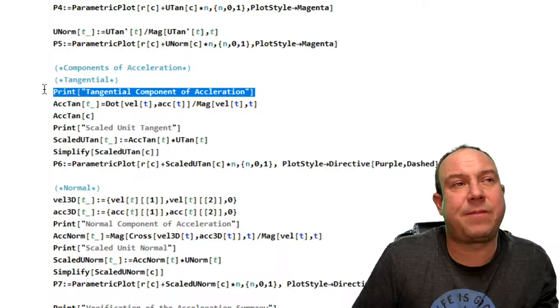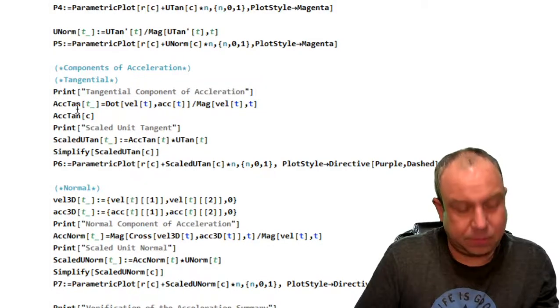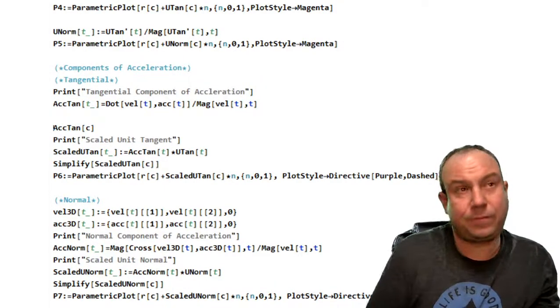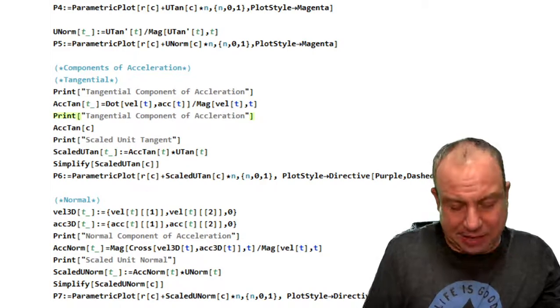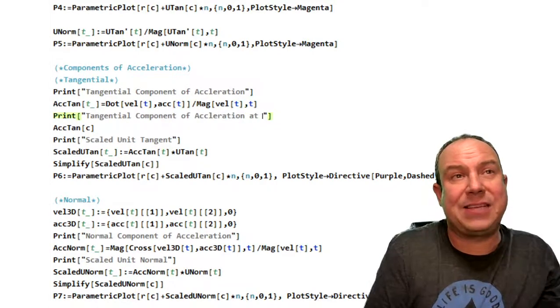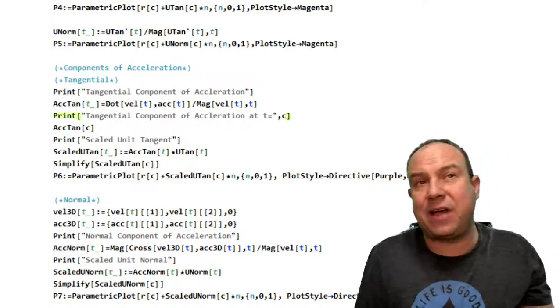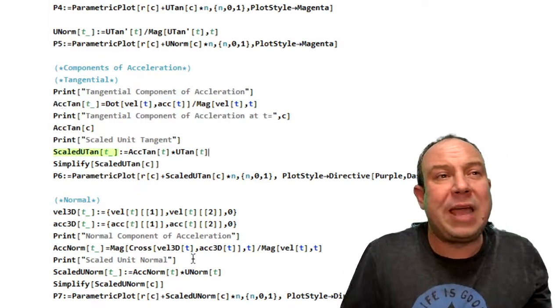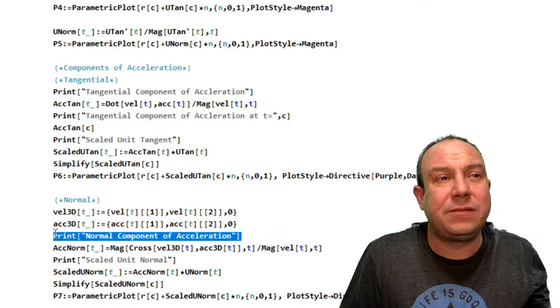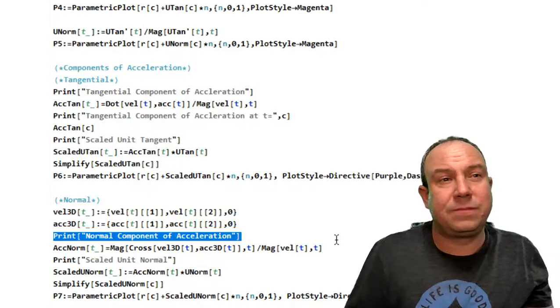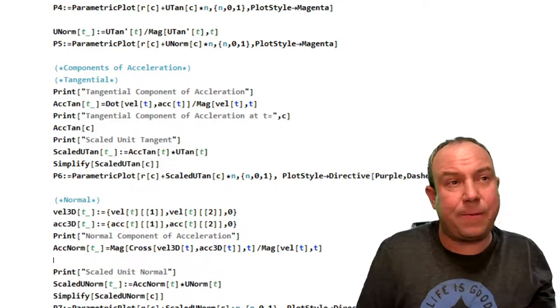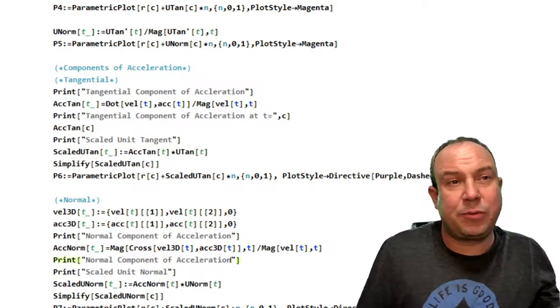We could take that a step further, though. Copy that. And add the line at t equal to, and then outside here put C, followed by a comma. And then we will do that with this one. We declare it here, so let's print it here.